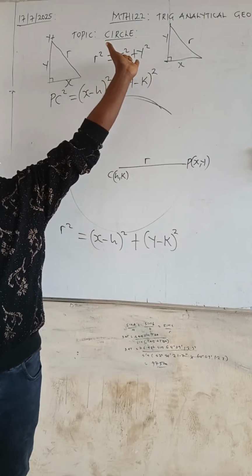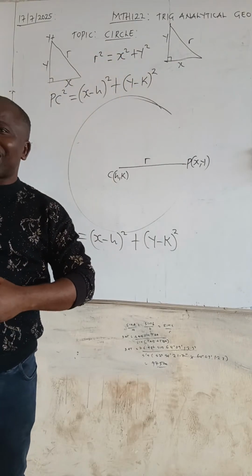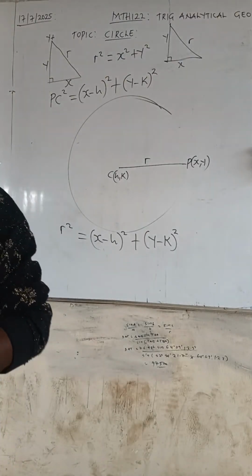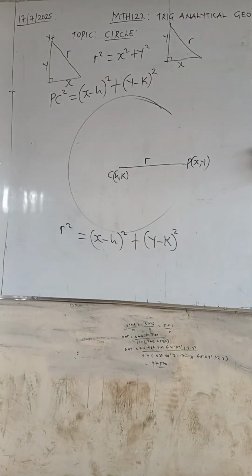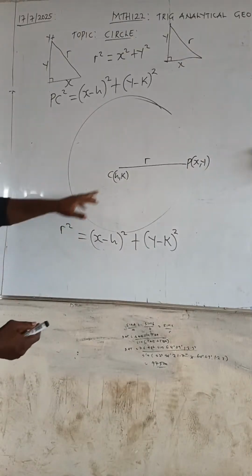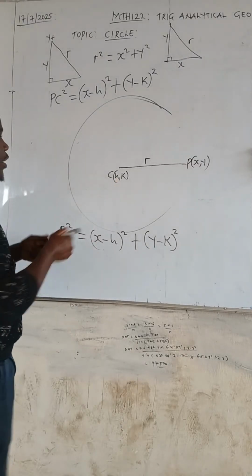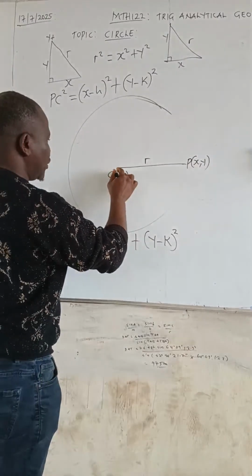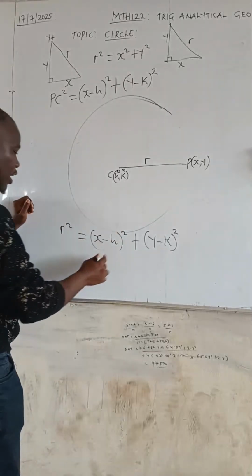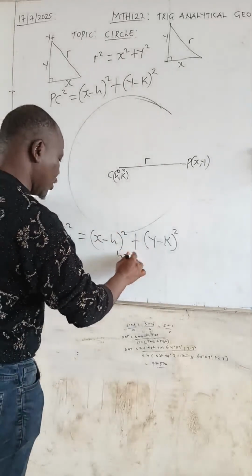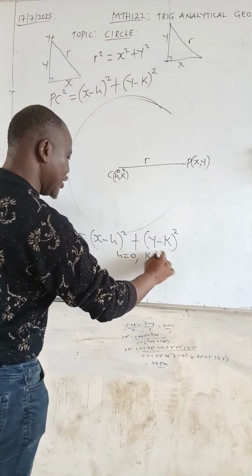Now we want to prove to obtain our Pythagorean theorem. Now, let us assume that the center is the origin. What do I mean by that? It means we are talking about h is 0 and k is 0, so here will now be (0, 0).